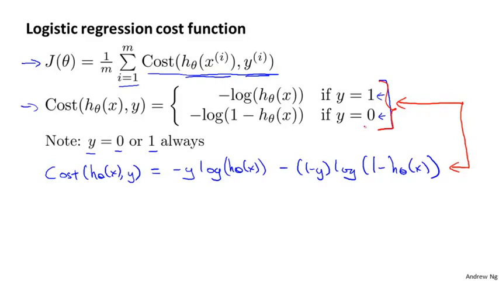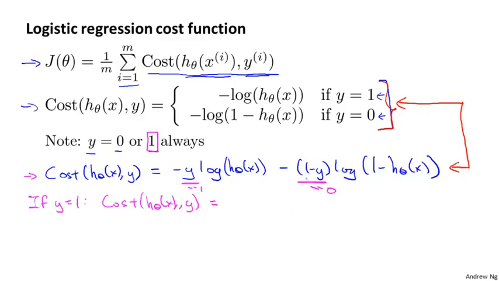We know that there are only two possible cases. y must be 0 or 1. So let's suppose y equals 1. If y is equal to 1, then this equation is saying that the cost is equal to, well, if y is equal to 1, then this term here is equal to 1, and 1 minus y is going to be equal to 0, right?